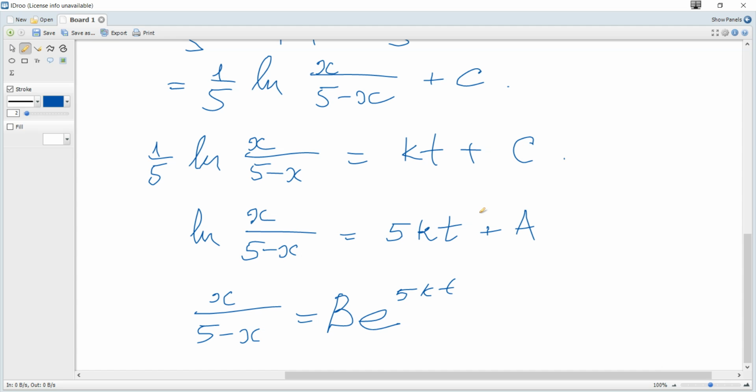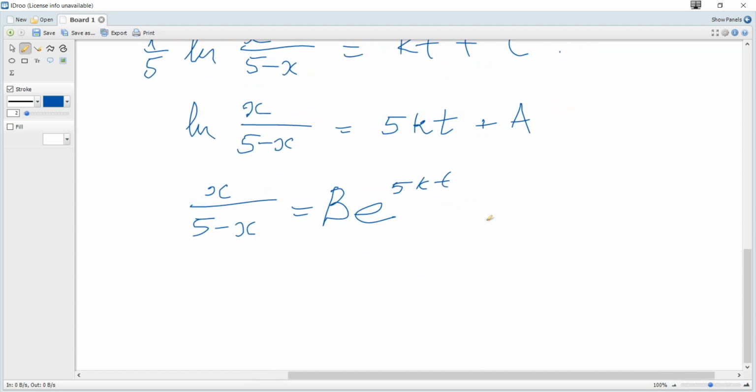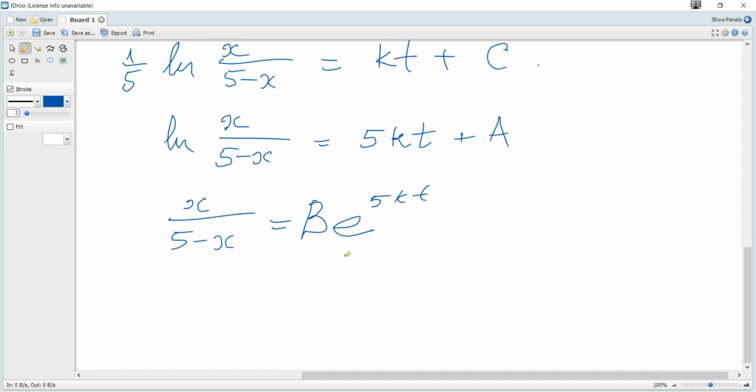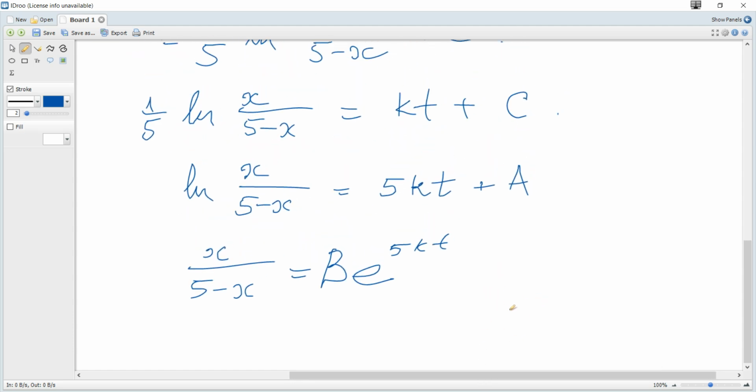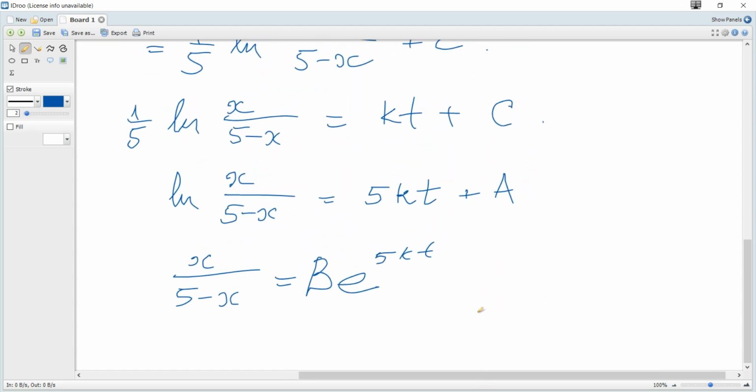Let's check. Yes. If it is clearly given that you should give your answer in the form x is a function of t, you must solve for x. But here it's not necessary, so actually it's the required general solution. And that's all for this question.